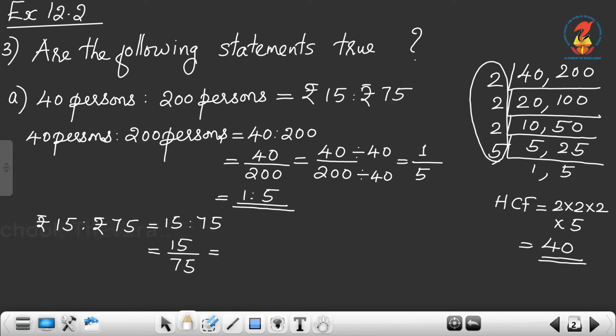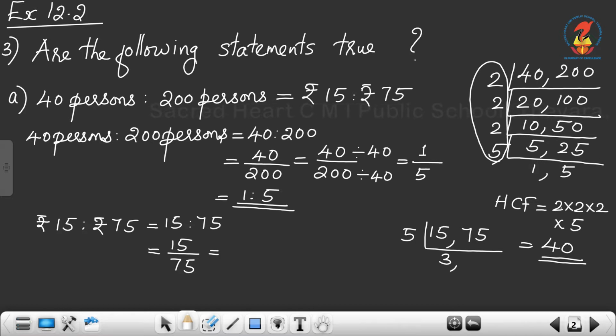Now for 15 and 75 we can also find the highest common factor. How can we find it? Use the division method. 15 comma 75. We can take the common factor 5. 5 3s are 15.